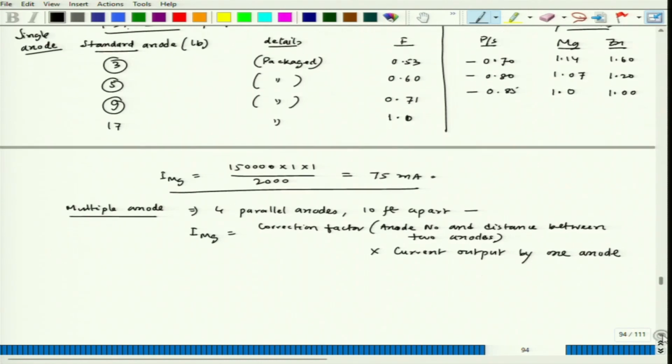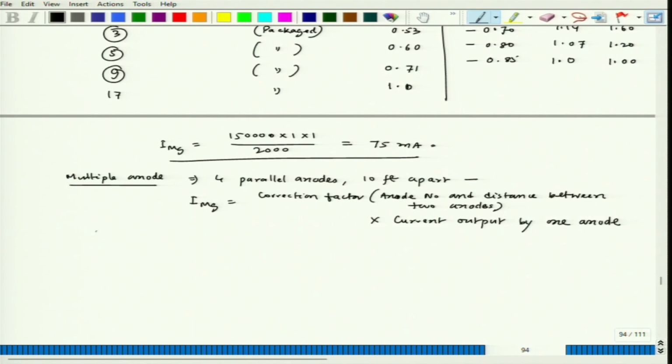Here we can again make use of a table, with the number of anodes and the adjusting factor, or the correction factor. We can think of this as coming because of the number of anodes and the anode spacing.